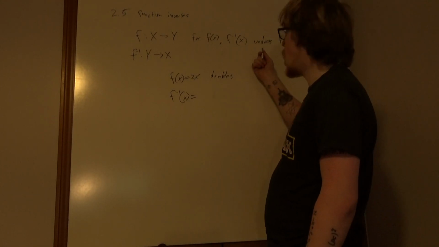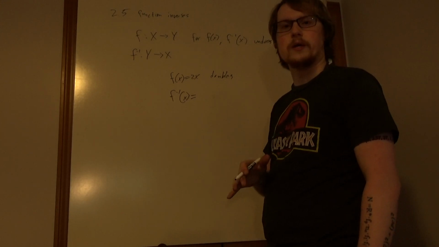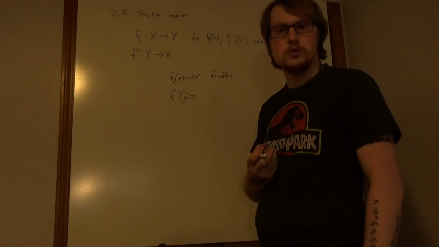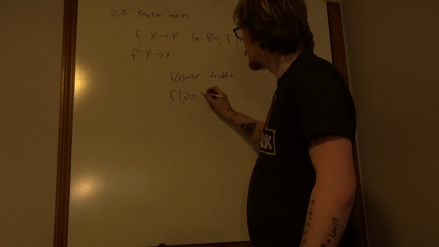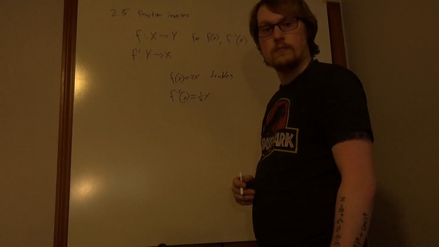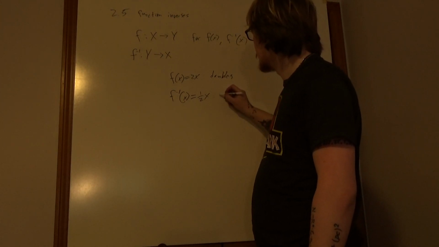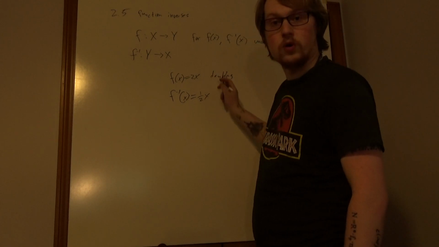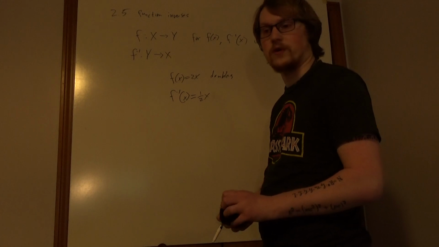Well, we want it to undo doubling. Undoing doubling is the same as reducing it by half, rather than making it twice as big. And so this should be dividing everything by 2. And this, in fact, does reverse everything that the other function does, and so this is, in fact, the inverse of that function.